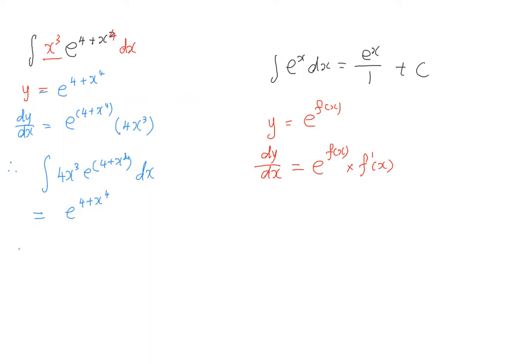So therefore, the integral of x cubed e to the power of 4 plus x to the power of 4 dx will be, I have to divide by 4, correct? I don't want the 4 to be here. So it will be 1/4 e to the power of 4 plus x to the power of 4 plus c. It's much easier than using the substitution method. See or not? Okay, good. So any other question?